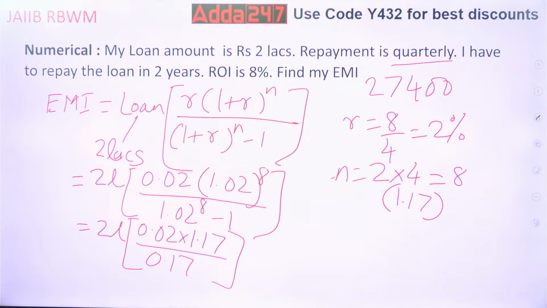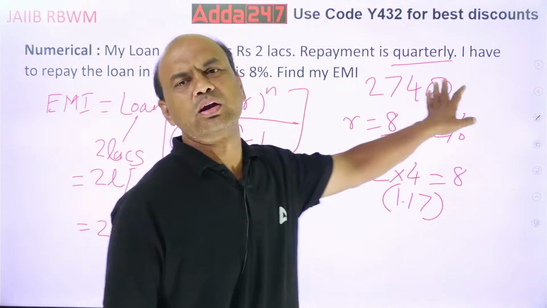So 0.137 into 2 lakhs into 2, 1, 2, 1, 2, 3. So 27,500 roughly. Yeah, that's okay. So roughly the answer is 27,400, 500.